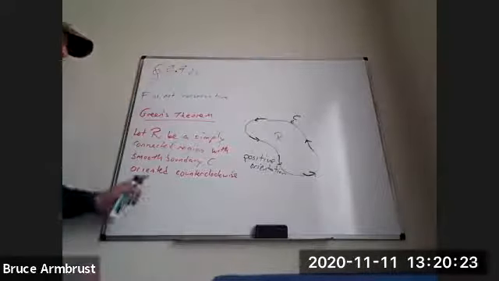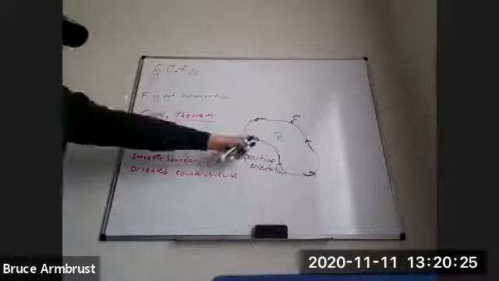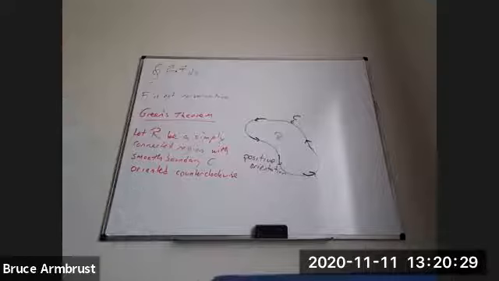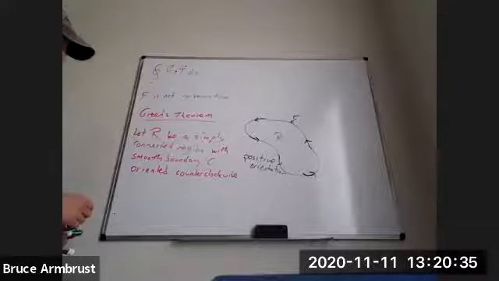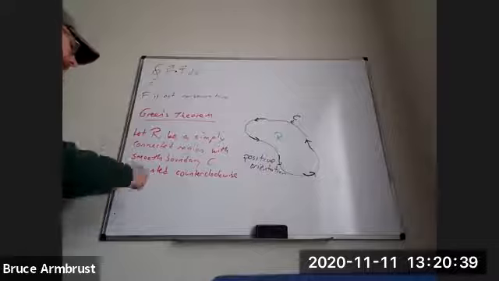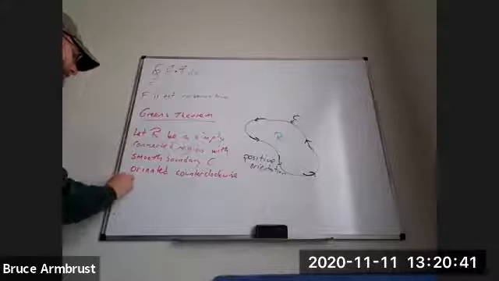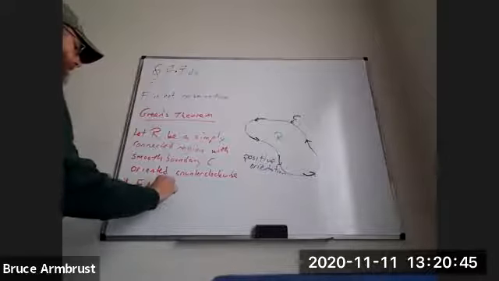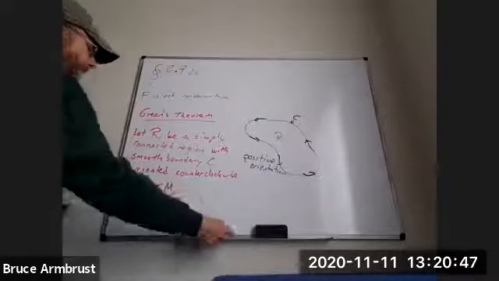Okay, so simply connected region, smooth boundary C, that's oriented counterclockwise. All right, and then we need one more thing. I told you there's a lot of conditions here. And let F... hold on.